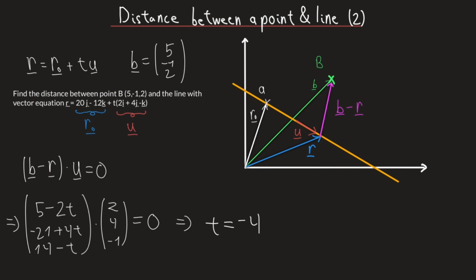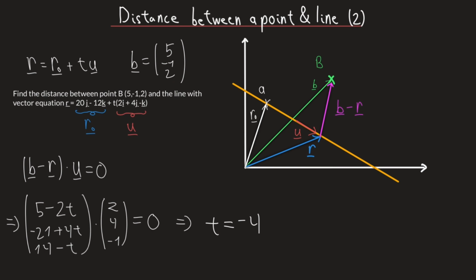And the fact that it's perpendicular allows us to determine the distance between the point and the line, because remember that the distance is associated with the segment that's perpendicular to that line, because it represents the shortest distance. And therefore, plugging in t equals -4 in our vector equation allows us to determine a specific point associated with a specific position vector r in order for this to be perpendicular and in order to determine the distance.